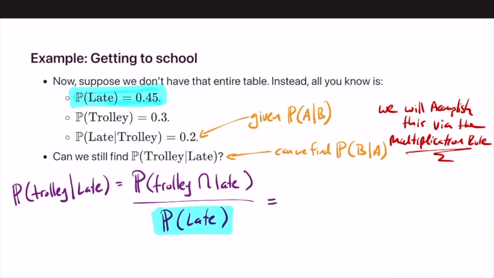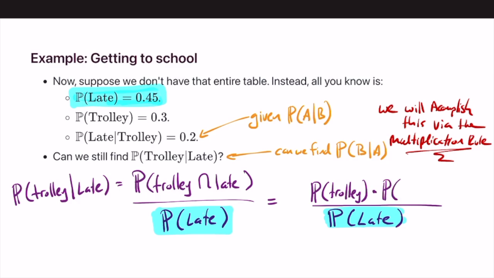So this is going to equal, we still have the probability of being late down below. Nothing changes there. But now we have the probability of taking the trolley, which we have, times the probability of late given that we took the trolley, which we've already calculated before as being 0.2. We did that from that question.